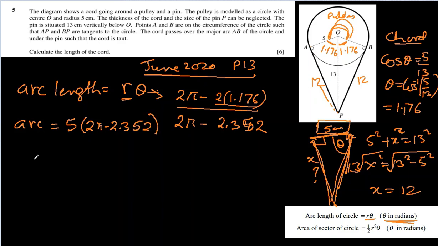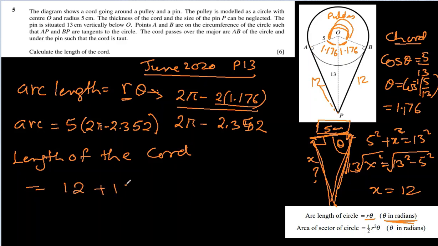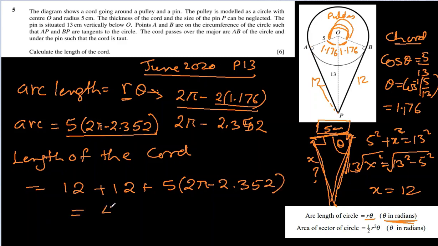Now we have to find the total perimeter, which is the length of the cord, equal to 12 plus 12 plus this. Which comes out to be, in 3 significant figures, 43.7 centimeters.